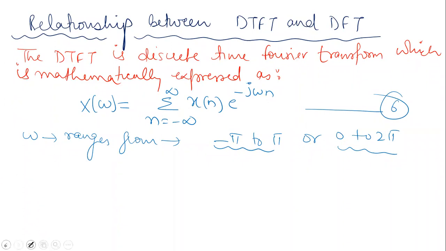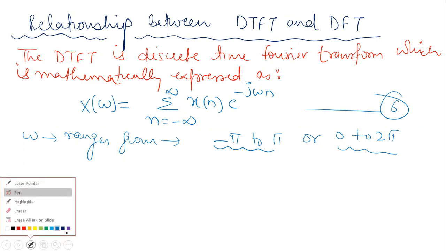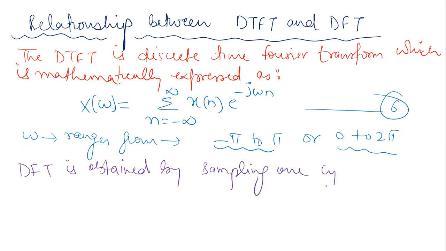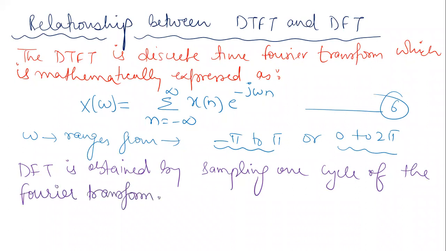Now let us come to the DFT part. DFT is obtained by sampling one cycle of the Fourier transform, right? This is what we have discussed.